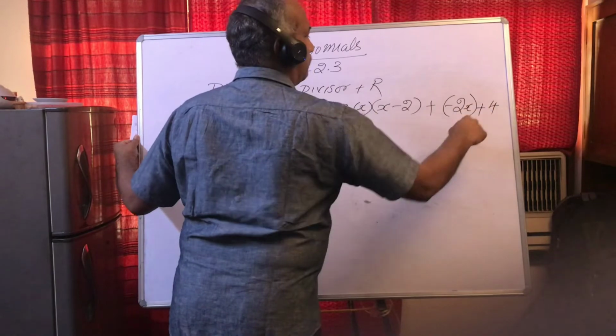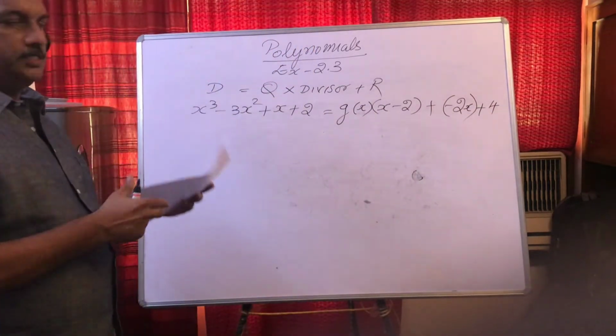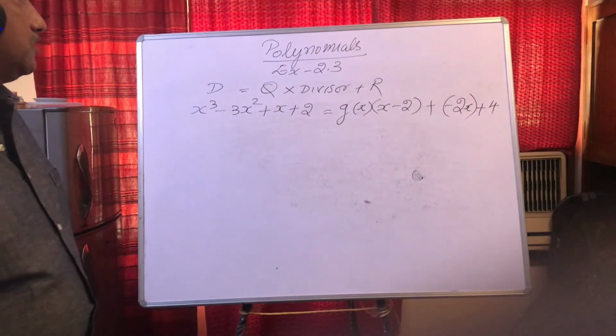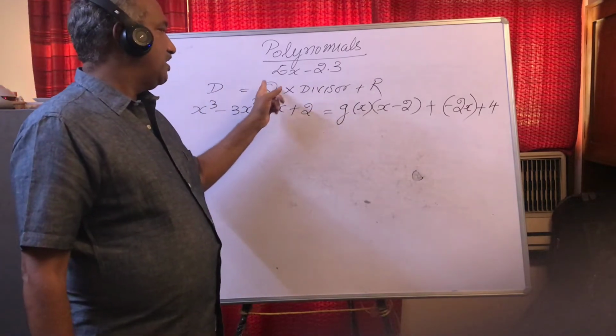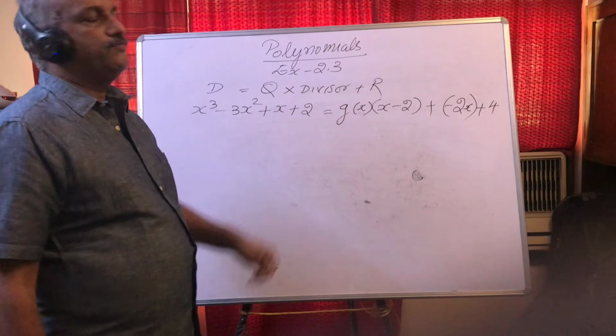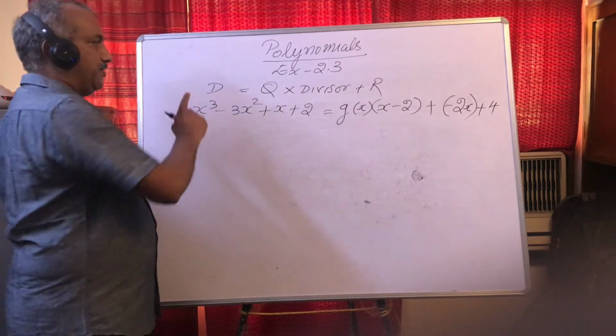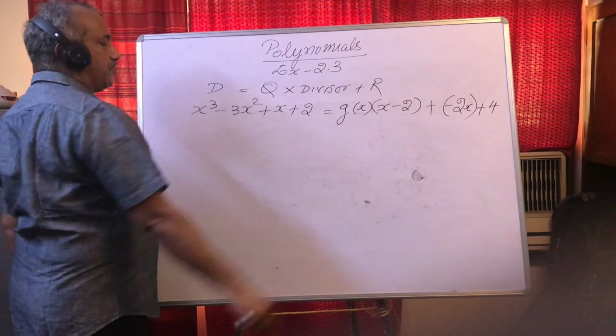If you want, you can put it in brackets. Then in this case, the dividend is given, quotient is given, remainder is given. We are asked to find out the divisor. So dividend is equal to divisor into quotient plus remainder.